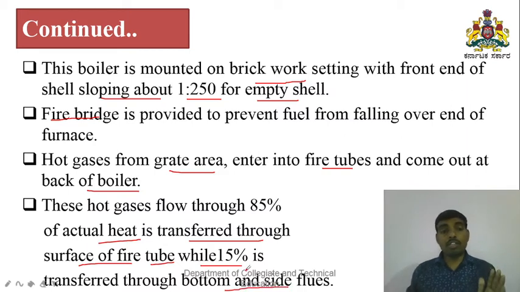So when the hot gases flow from the fire box, 85% of the heat is transferred through the upper surface, and the remaining 15% is transferred to the bottom side. So the conclusion is that the maximum heat is transferred in the upward portion of the boiler.